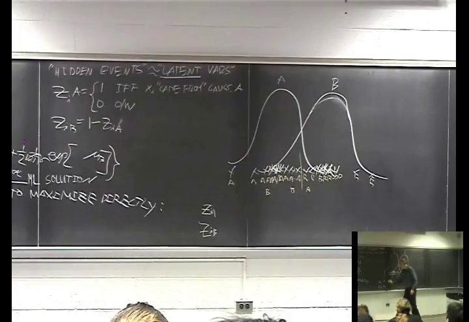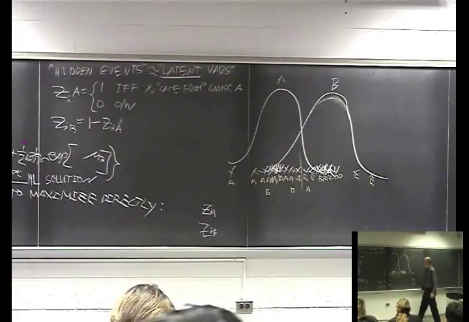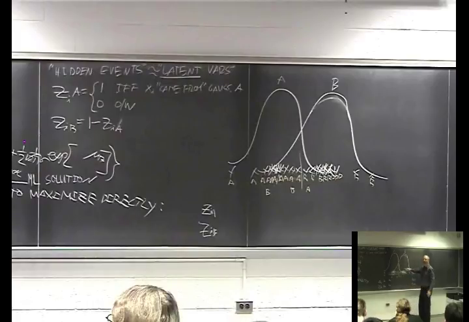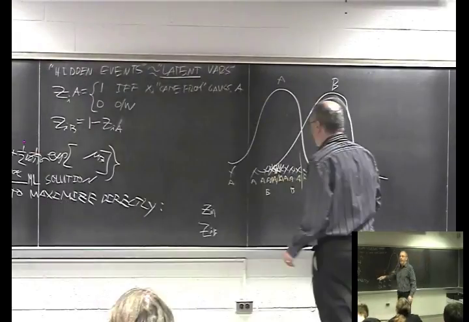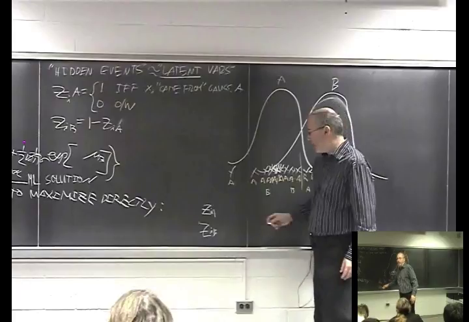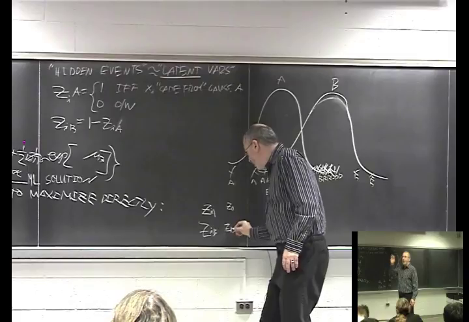So this will be Z1A, Z1B, and this would be Z2A and Z2B, all the way to ZNA and ZNB. So now we have 3 rows. So for every I we have X, ZA, ZB.